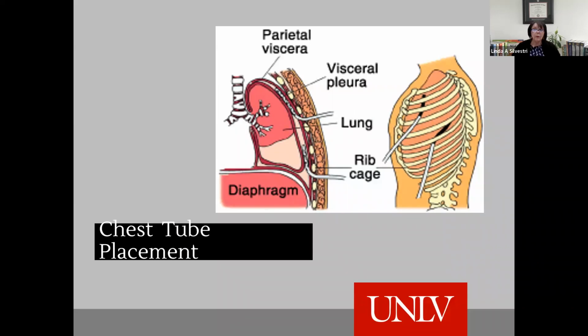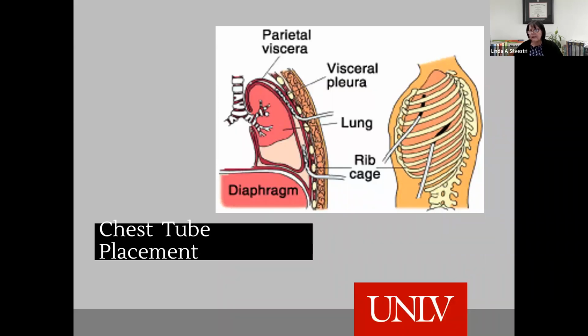The upper one would drain air, whereas the lower one would drain any fluid that has accumulated that they're trying to drain out of there. And that's easy to remember because fluid is always heavier than air, so fluid would drop. So that's why the lower one would drain the fluid, and air rises. So that's why the upper one would drain air. So just a little tip to help you with that.